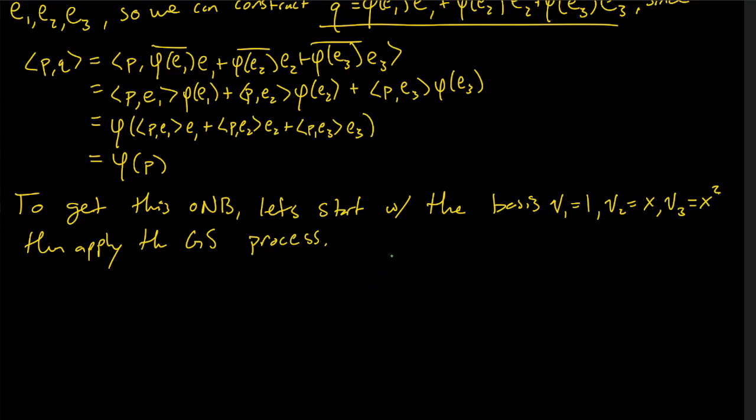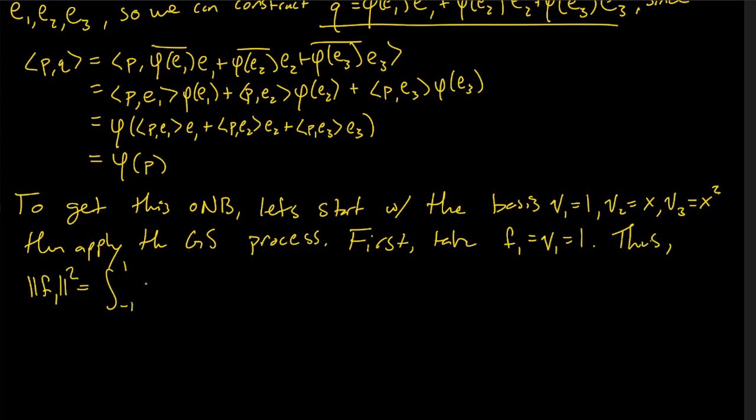Okay, so all we got to do is first take F1 to be V1, which is just 1. Thus, the norm of F1 squared is just the integral from -1 to 1 of 1 dt, which is 2.